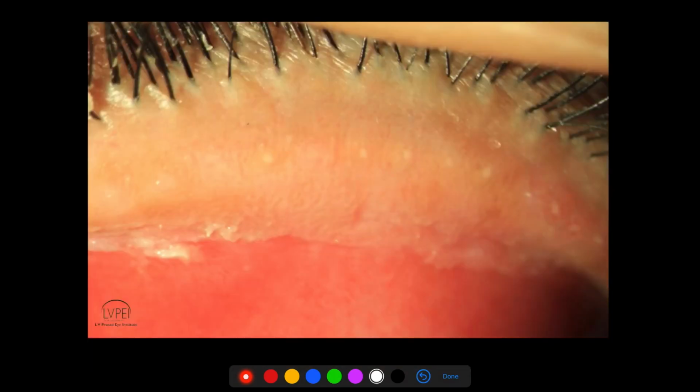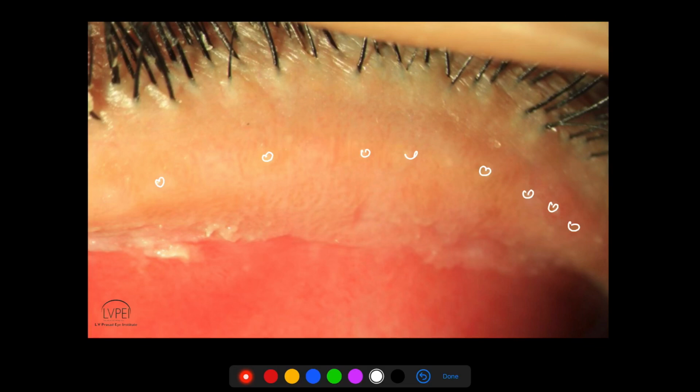So, this is an example of a lid margin where you can see that the meibomian glands are atrophied. This is also something that I wanted to point out: if you are diagnosing somebody with lid margin keratinization or posterior migration of the mucocutaneous junction, like we mentioned earlier in the slides, the posterior migration may not be uniform from canthus to canthus.